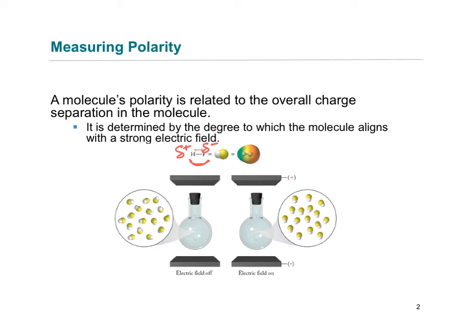And so, not surprisingly, when hydrogen bonds with fluorine, because fluorine is so electronegative, it's going to hog those shared electrons. And so you're going to have what we call a partial negative portion of the molecule and a partial positive portion of the molecule. And that's going to be a real polar molecule overall.